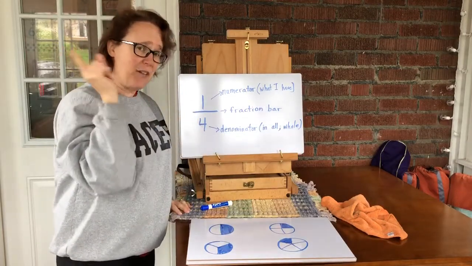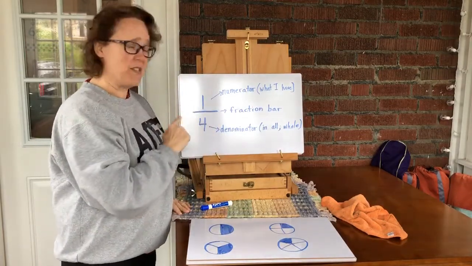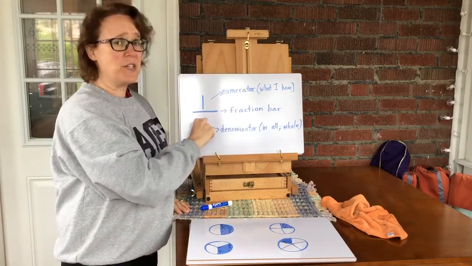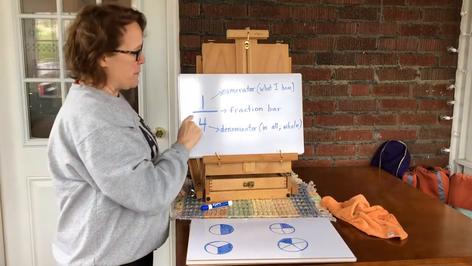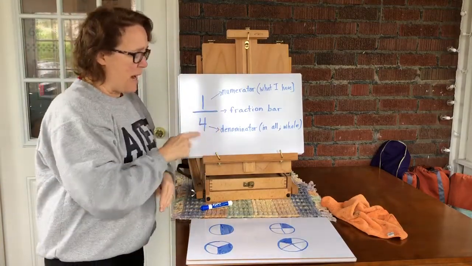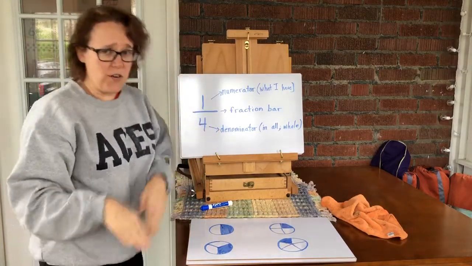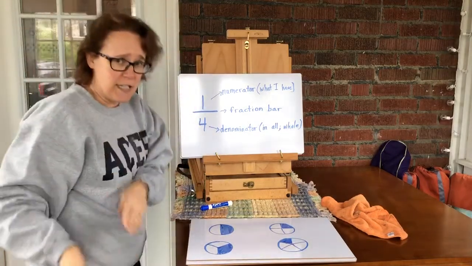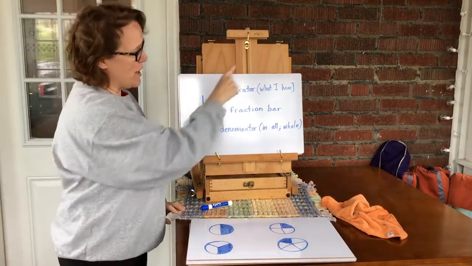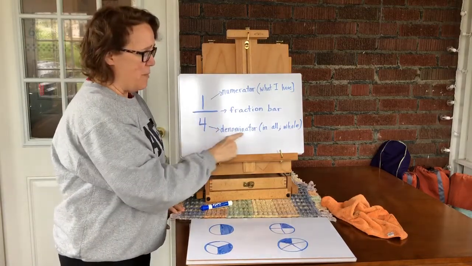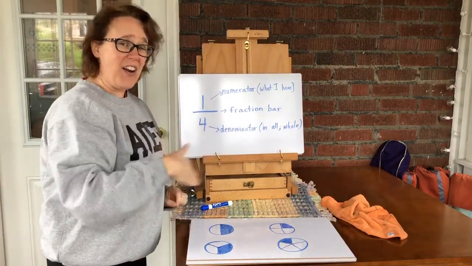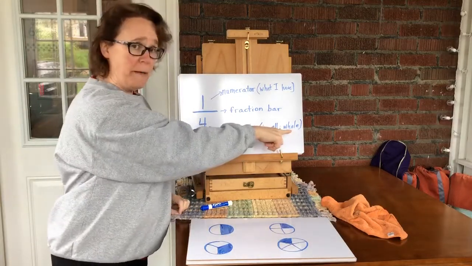In higher level math, that can also be a division sign, but we're just going to call it a fraction bar right now. So we have the numerator, the fraction bar, and then the bottom number is the denominator. Numerator's at the top, then the fraction bar, then the denominator, which is how many are in all, or in a whole one.